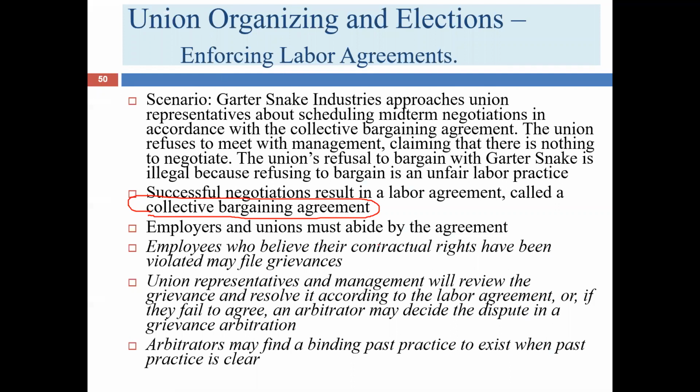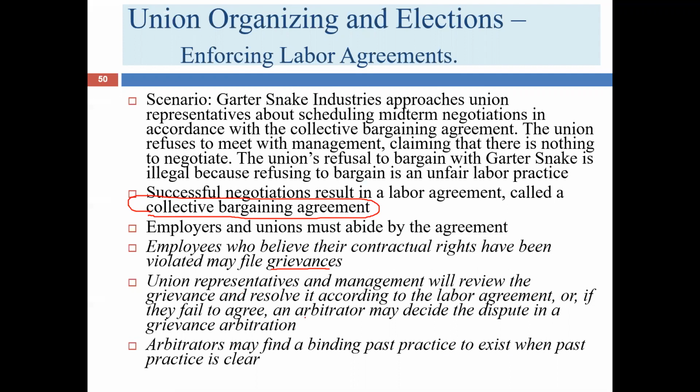Employees who feel that their contractual rights through the collective bargaining agreement have been violated may file grievances either about the union, typically with the NLRB in that case, or through the union if their grievance is about the employer. The union and the management will review the grievance and resolve it according to whatever procedure the collective bargaining agreement provides. Oftentimes, there is an arbitration procedure once the various grievance steps are resolved.